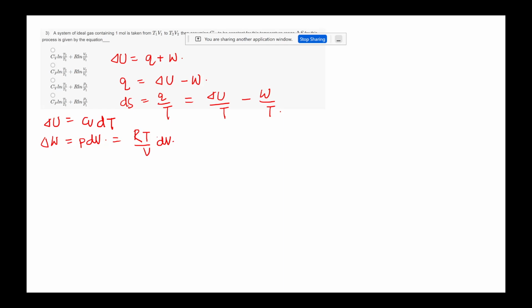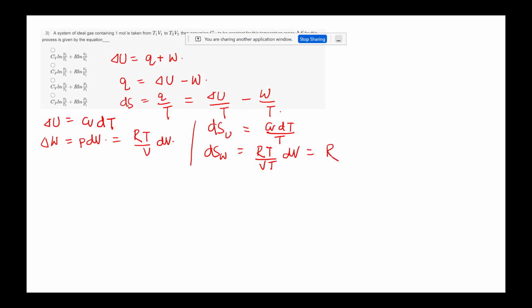Now for this thing, what will be the dS? So let's write del S for internal energy and del S for work done. Two things. One will be del U by T, so it's Cv dT by T. One will be RT by V times 1 by T, because there will be T times dV.